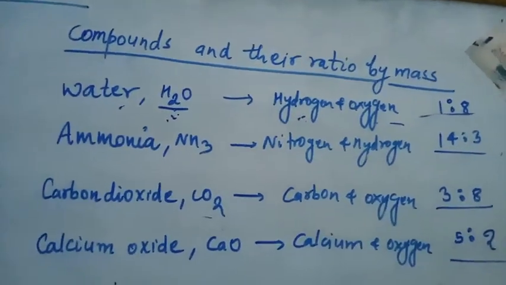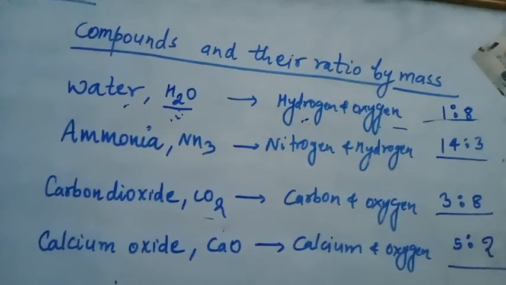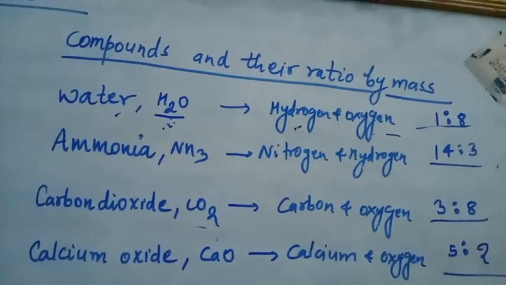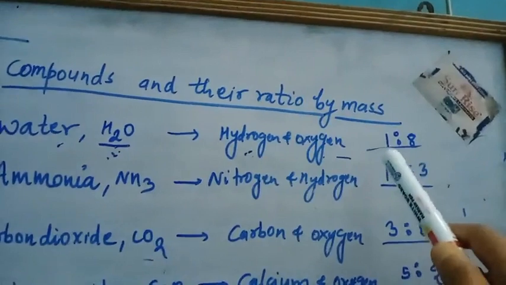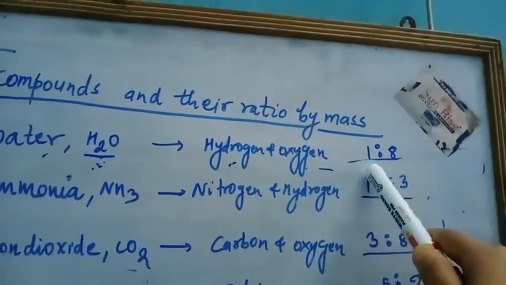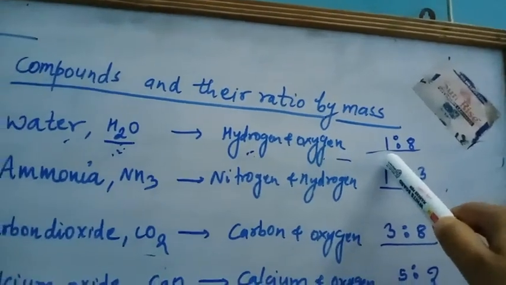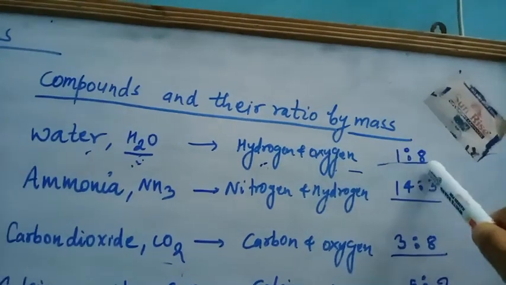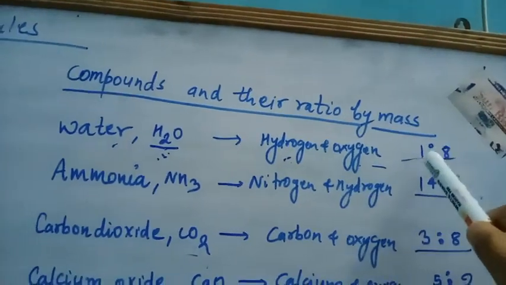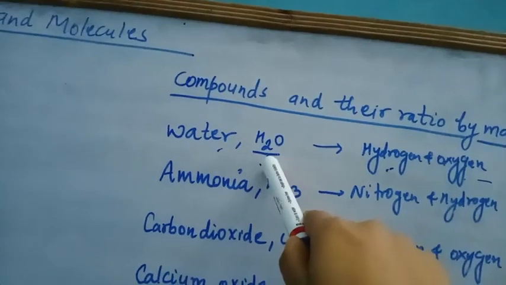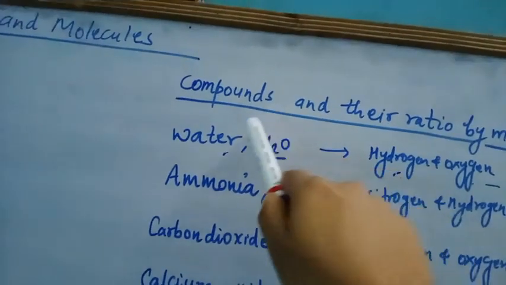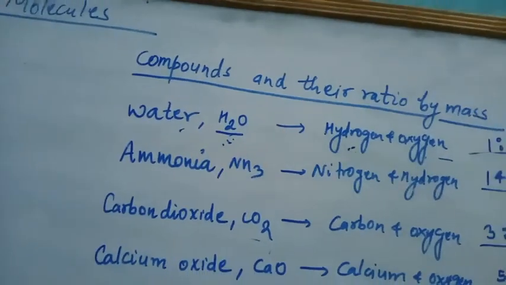So what do you mean by fixed ratio? That means if you have 1 gram of hydrogen, it will react only with 8 grams of oxygen, and only then can you form a water molecule.